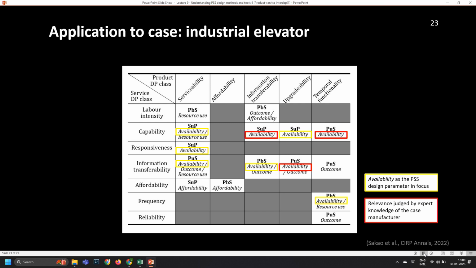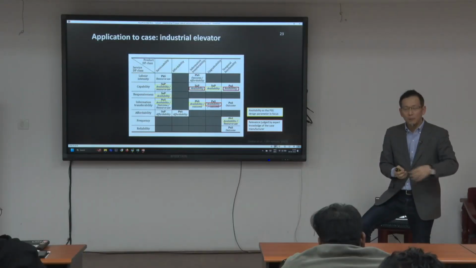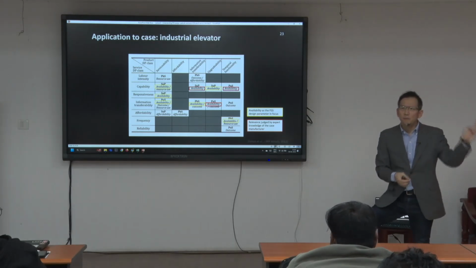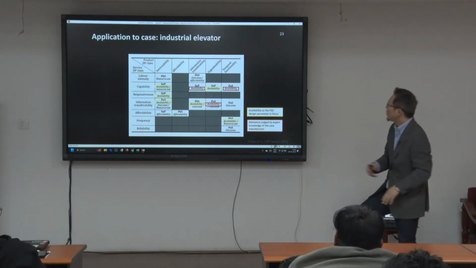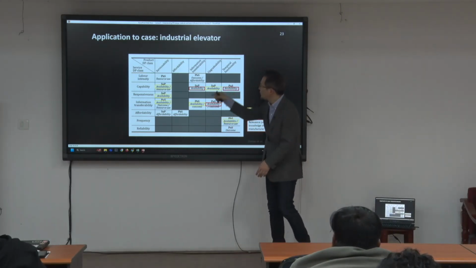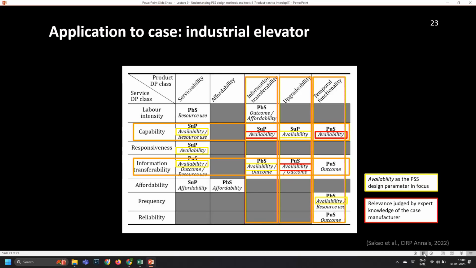It is natural because this matrix and the knowledge base are built based on a number of different cases, and that includes a number of sectors obviously outside the elevator service, okay? Pumps and forklifts and engines and so on. So this naturally happens. So the experts say that these are the three relevant interdependencies. So now designers looked into the product design parameter classes and service design parameter classes.